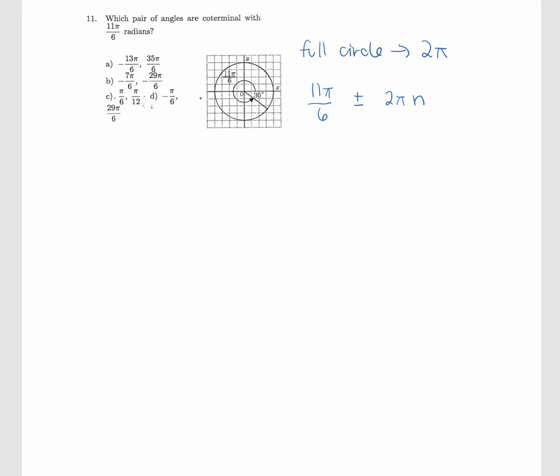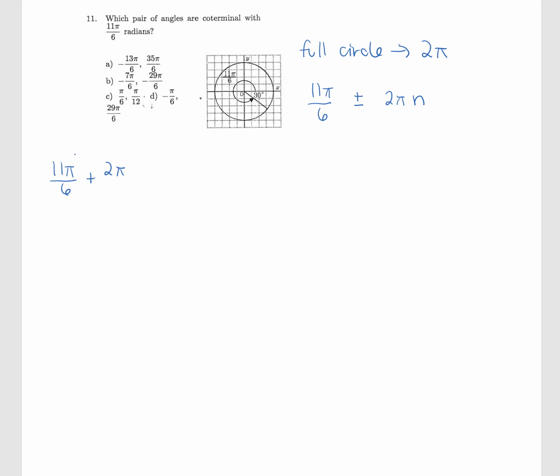So I'm going to start with just adding successively 2 pi and seeing what we get. So starting with 11 pi over 6, I'm going to add 2 pi to do one full circle and get an angle that's coterminal with 11 pi over 6. But to add these fractions, what I want to do is get the denominators the same.